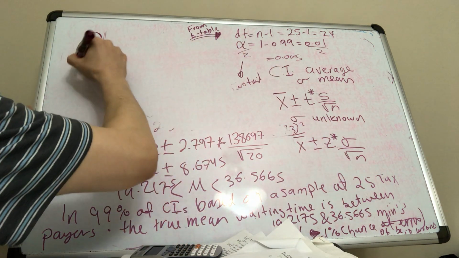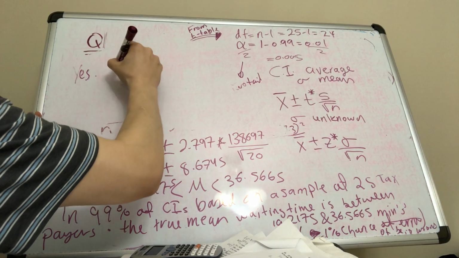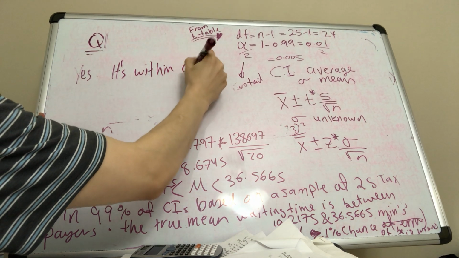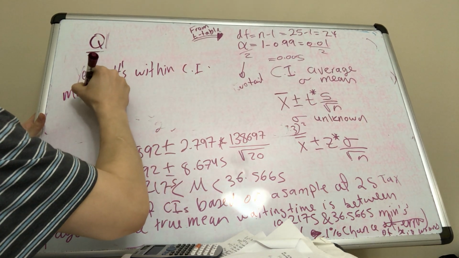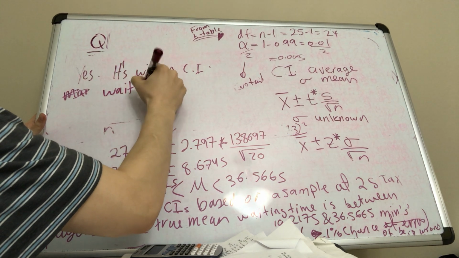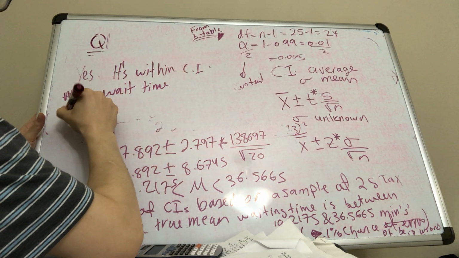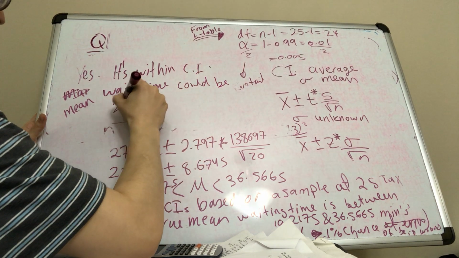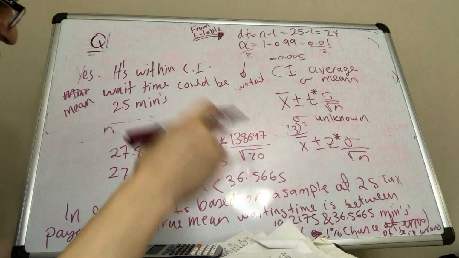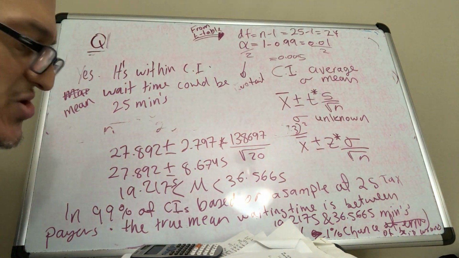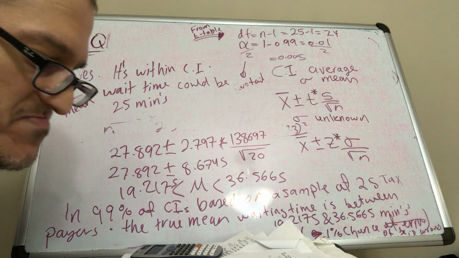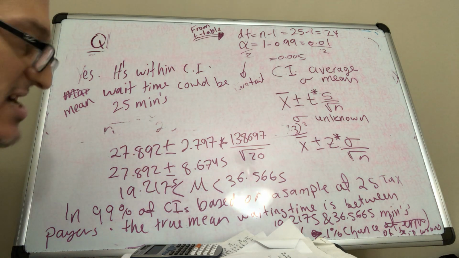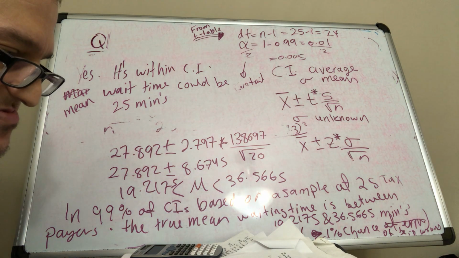You say yes, it's within the confidence interval, so mean wait time could be 25 minutes. If they say, could it be 40 minutes? You say no, it can't be 40 minutes, it's outside or not within the confidence interval.